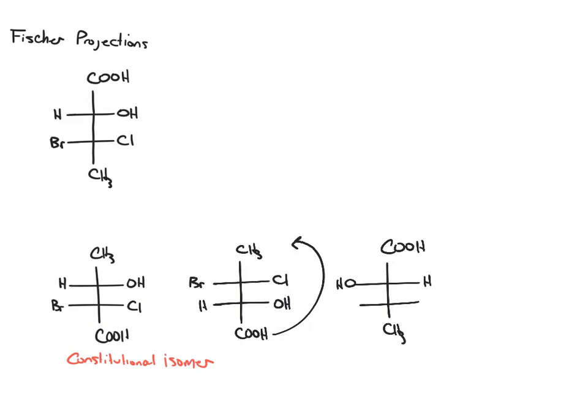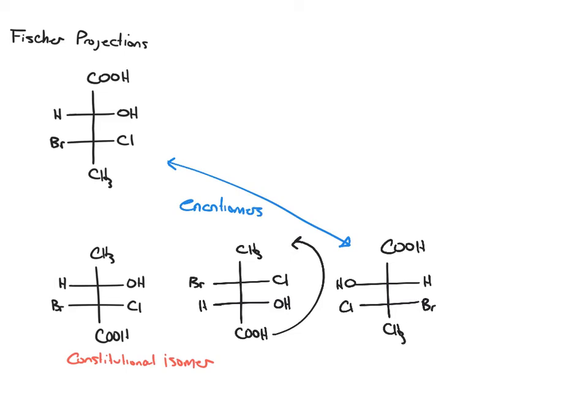And after doing that rotation, it'll put that Cl to the bottom left. And these two structures are non-superimposable mirror images. Does that make sense? Okay.